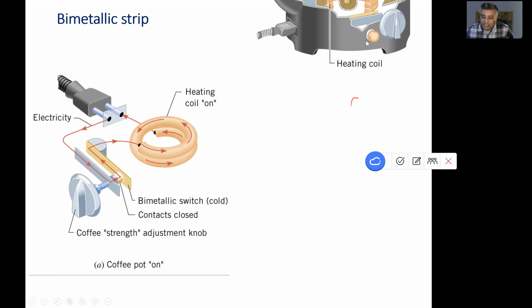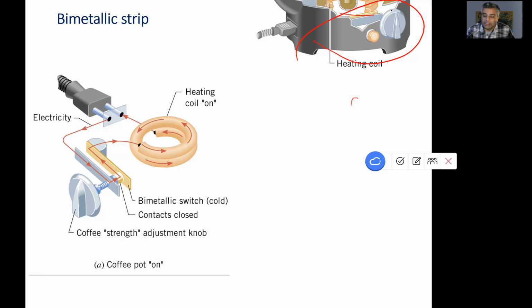And there are some technological uses, okay? So for example, a coffee pot. You most likely enjoy your coffee and like to keep it hot all the time so that you can grab it anytime you like. So for that reason, you have a coffee pot where you can set a temperature and the temperature remains fixed.